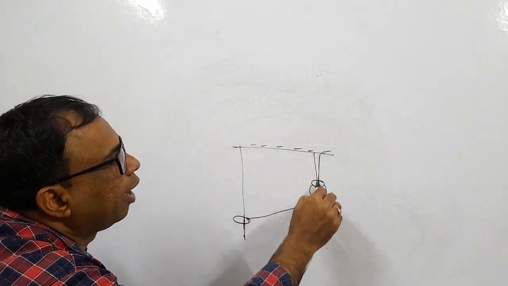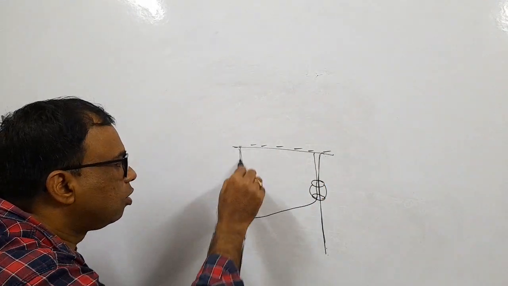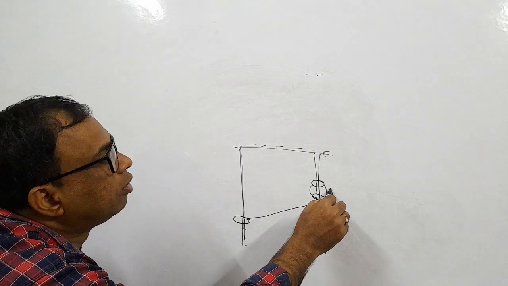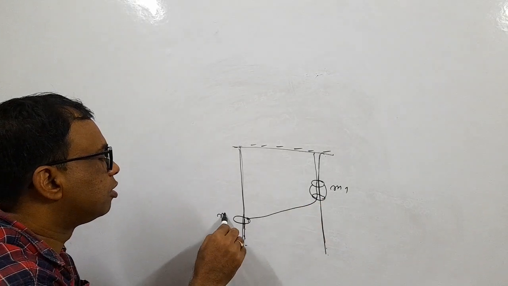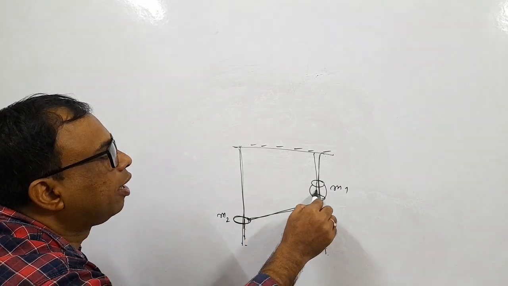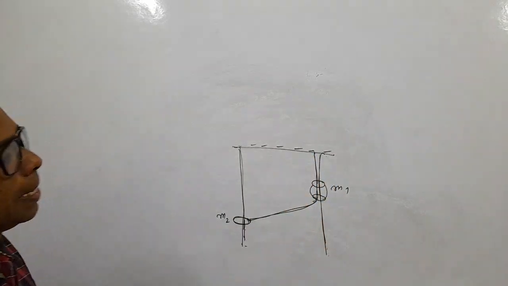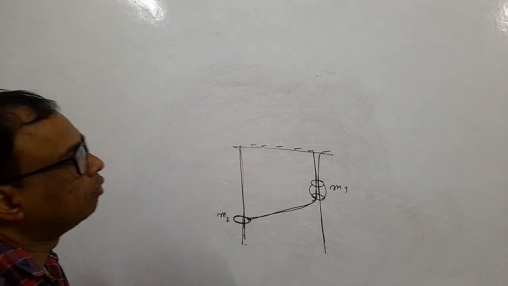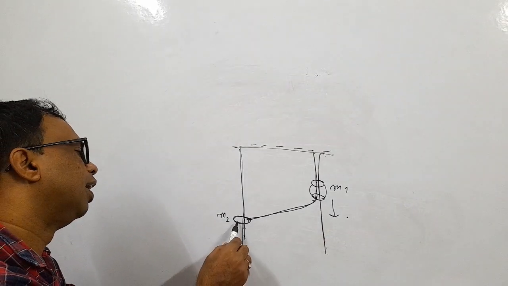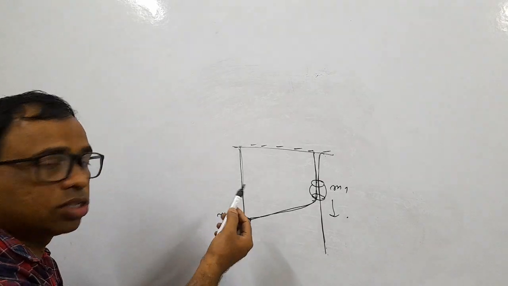It is a rod, okay? Vertical rod. And this is also a rod. Suppose this mass is M1 and this mass is M2. And then this string. Now, it will move maybe downwards or upwards.